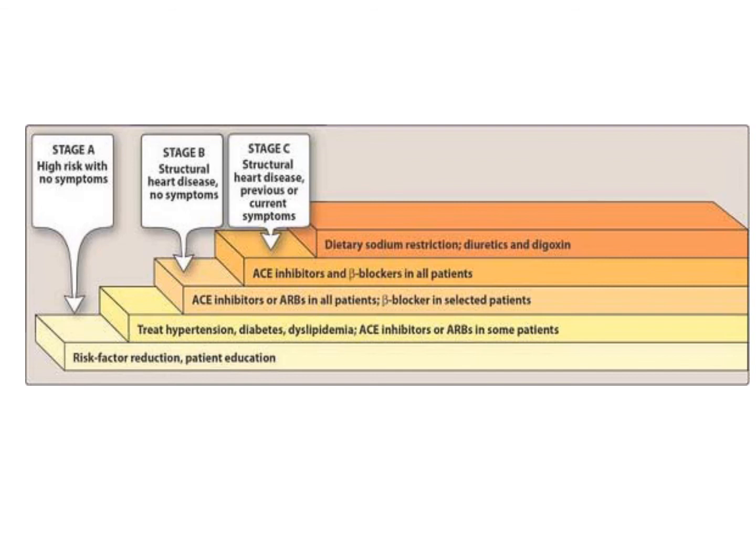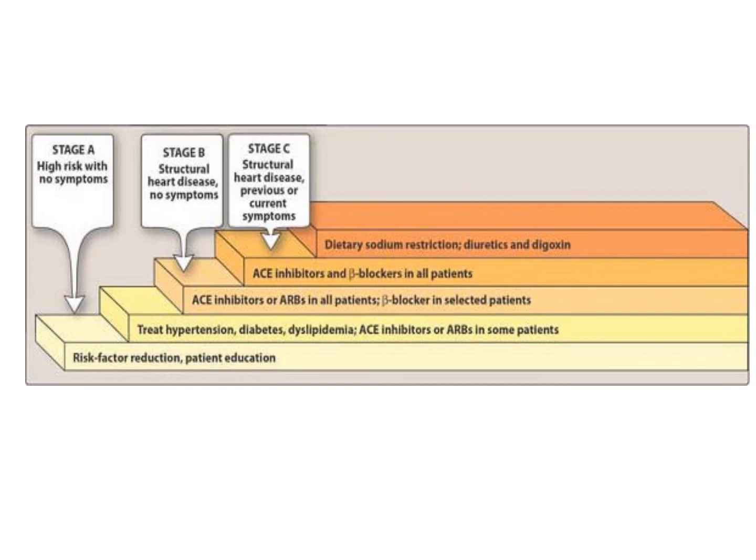In stage B, we can see structural heart changes with no symptoms. We can start with ACE inhibitors or ARBs in all patients. Beta blockers can be selected for some patients.